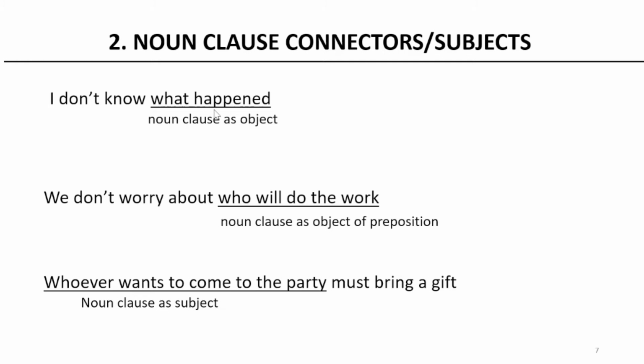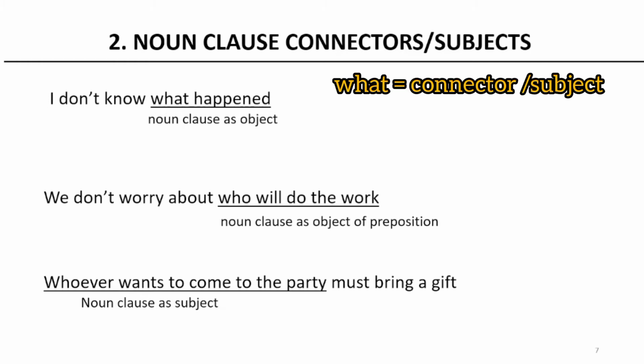So what happened is the noun clause. And here we have what as the connector and as the subject at the same time. So the function of what is as the connector and as the subject, and happened is the verb of the noun clause. Okay, so here we have one connector and one subject. That's why we call it noun clause connector-subjects.